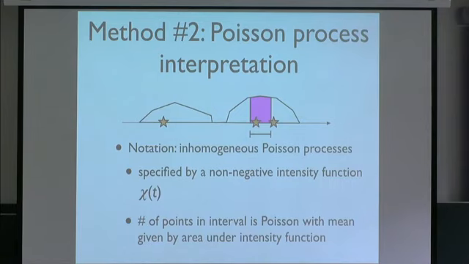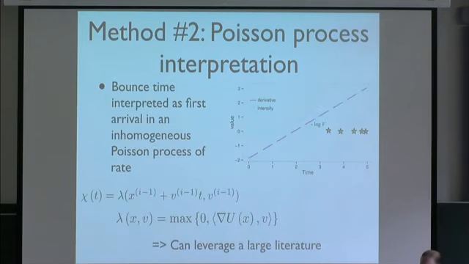The second method to compose these methods is looking at it from a Poisson process interpretation. So we're going to denote chi of t to be a non-negative intensity function. And basically, the number of points in an interval is Poisson distributed with the mean given by the area under that function chi.